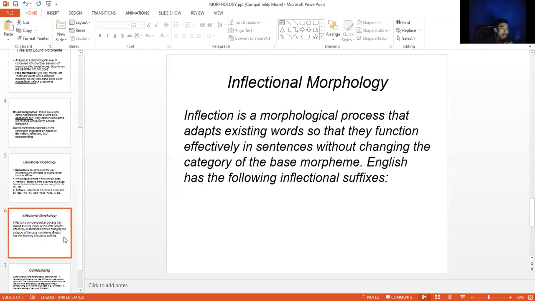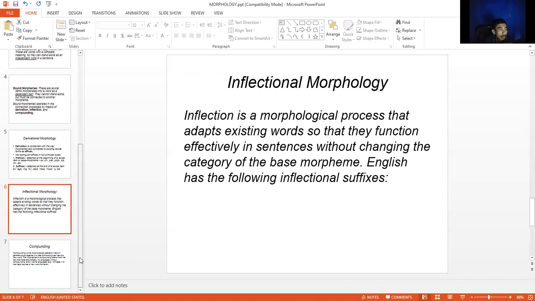English has the following inflectional suffixes. Jadi inflectional morphology ini bisa yang namanya menambah gitu, menambah suatu kata tanpa yang namanya mengubah kategori dari base morphemnya gitu, tanpa mengubah kategori dari base morphem atau kata yang dia tambahkan gitu.